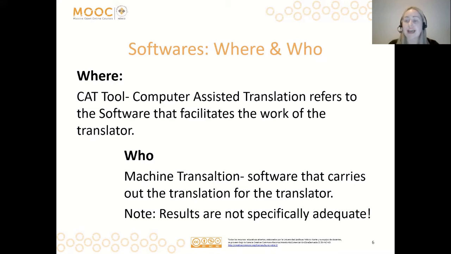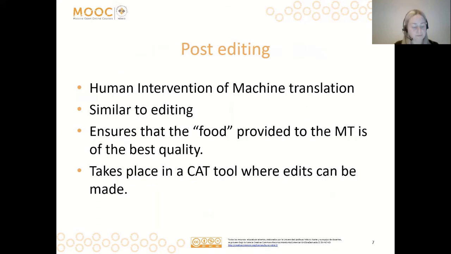So technology can be useful, and translation can be carried out through machine translation. Where I can do that is I can do it on a search engine, I can do it on a CAT tool. So there are the similarities and differences between these two that are usually confused from time to time.